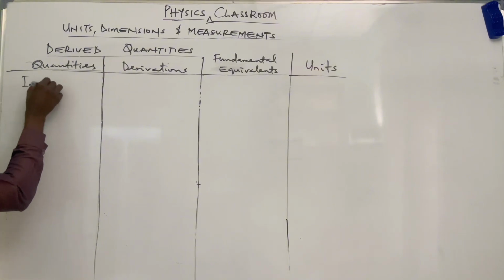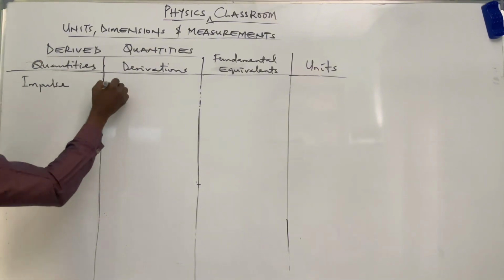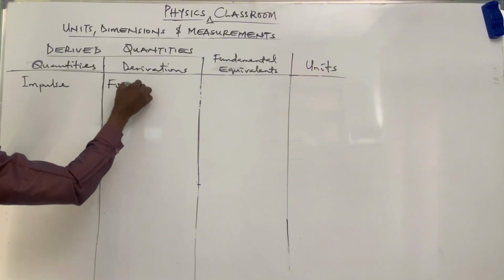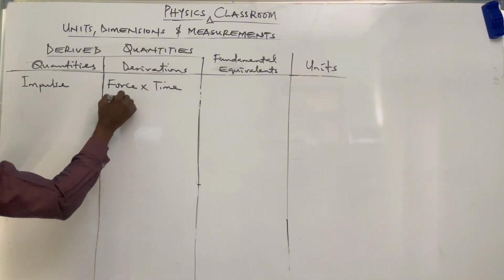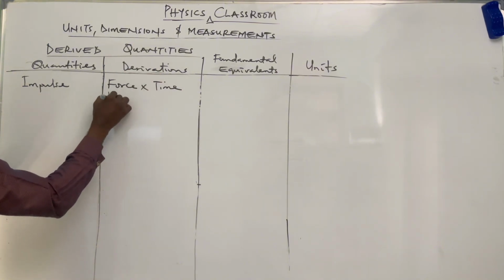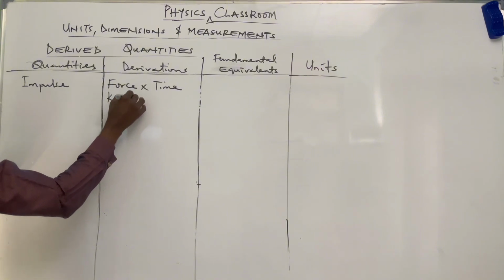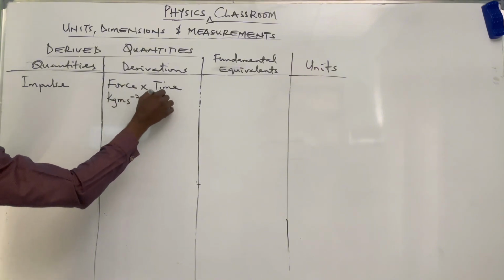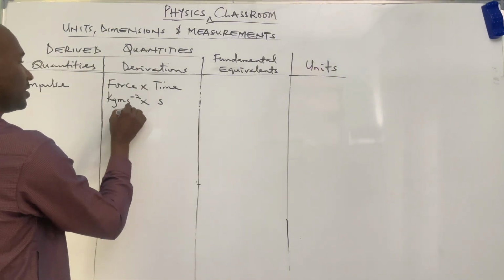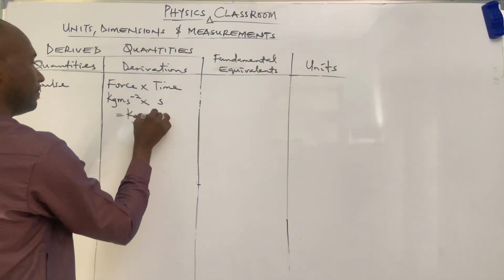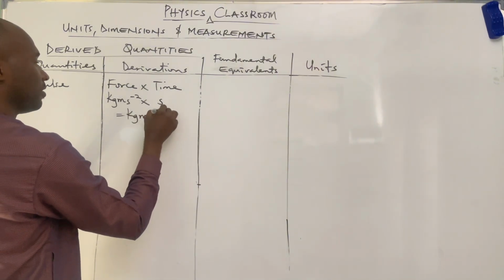Impulse, which is the product of force times time. Force is measured in kilogram meter per second square, times time, which is measured in seconds. Combining this, we're going to be having kilogram meter second raised to the power of -1.